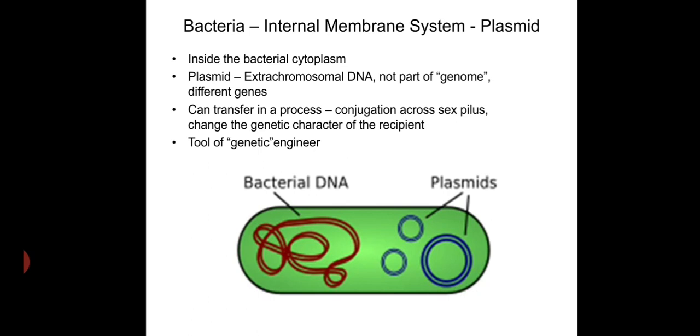It is majorly used in the transfer process, that is conjugation across sex pili, changing the genetic character of the recipient. It is the major tool used in the genetic engineering process or rDNA technology.